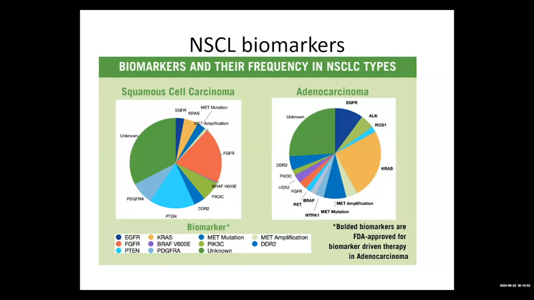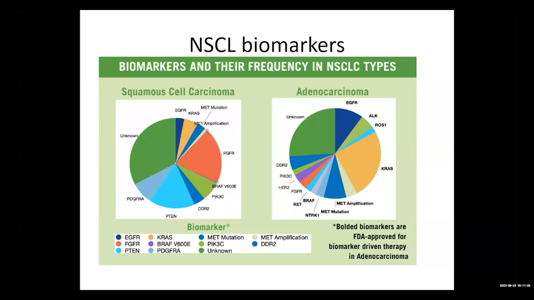On this slide, we would like to show you the commonest biomarkers in these tumors, the non-small cell lung cancer. As you can see, the squamous cell carcinoma has a lot of biomarkers. The commonest here is the EGFR, which stands for epidermal growth factor receptor. That is the commonest biomarker in non-small cell.